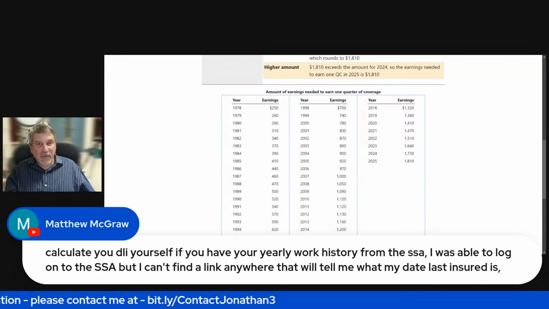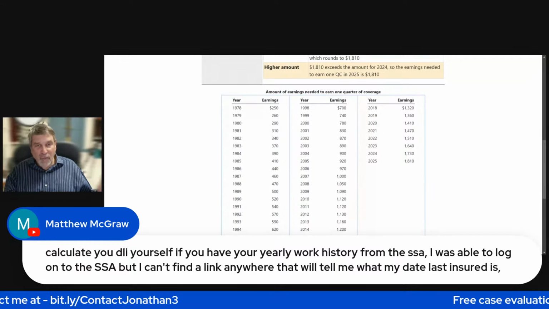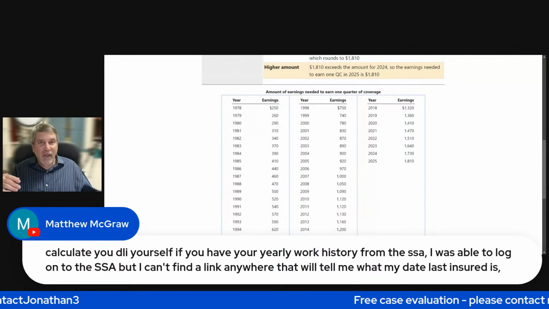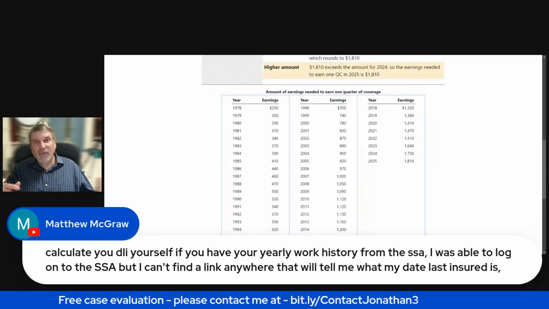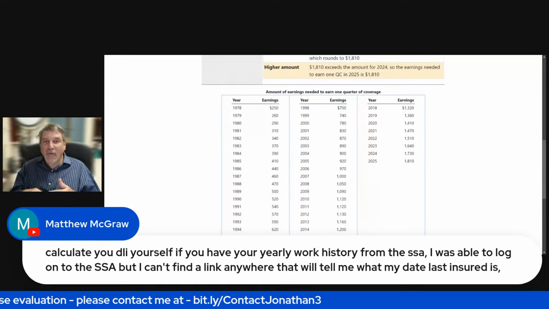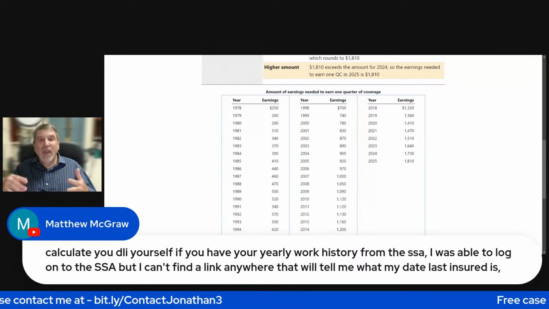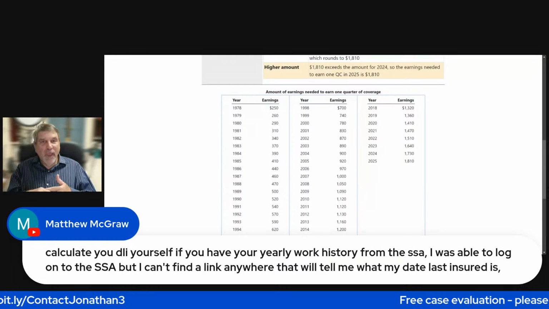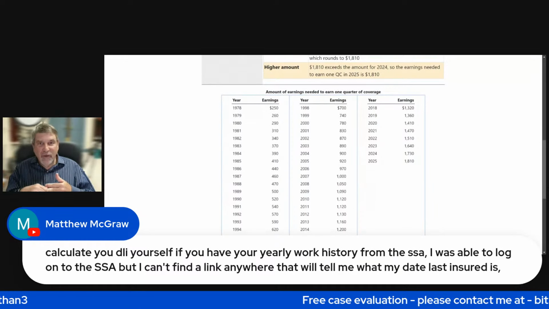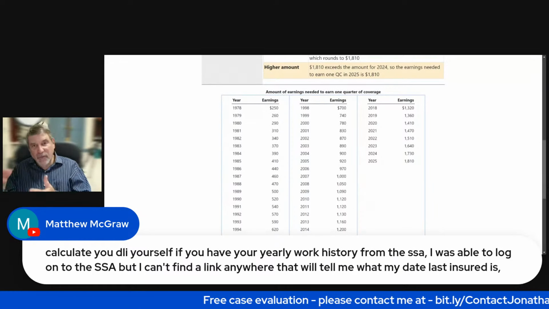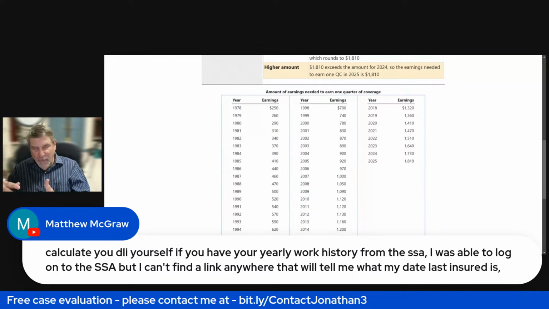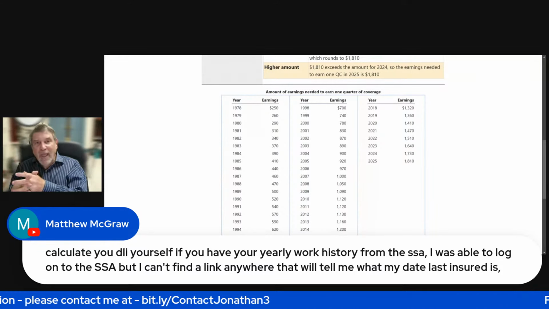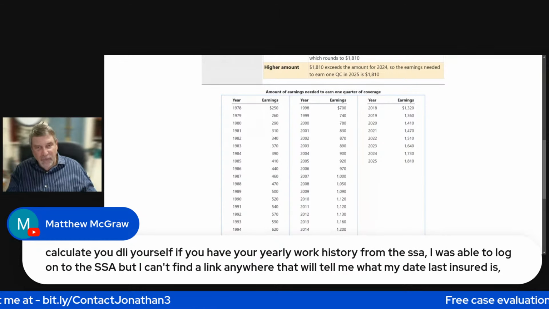It's 20 credits in the last 40 quarters, 5 out of 10 years. So if you have earnings in 5 of the last 10 years, you'll be covered. But if you only have 5 out of 10 and you've got zeros in the last 5, then your DLI is going to probably be sometime in 2025. I know it gets a little bit confusing, but if you've worked up until last year, you're going to be covered well into the future.